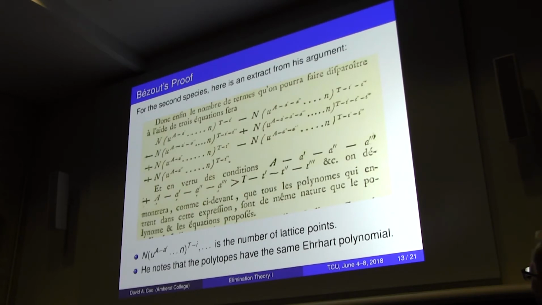And basically, all the polynomials that appear in this expression have the same nature, of the proposed equations, and of course notice here he's working with these inequalities that come from his conditions on being in the second species. So it's not easy reading for the modern reader. But then the question is, how does he actually compute this number of lattice points?